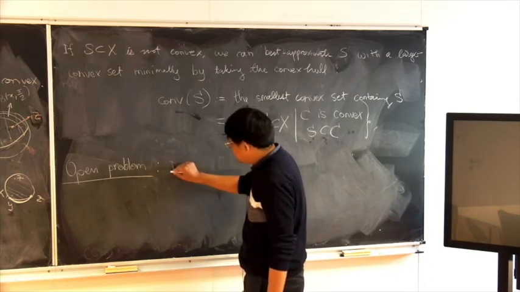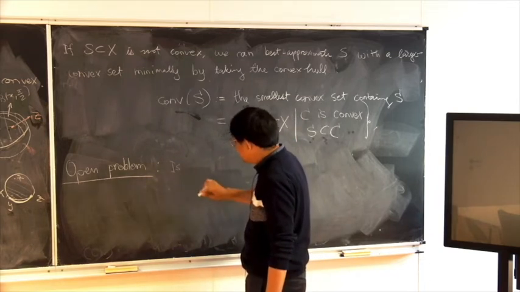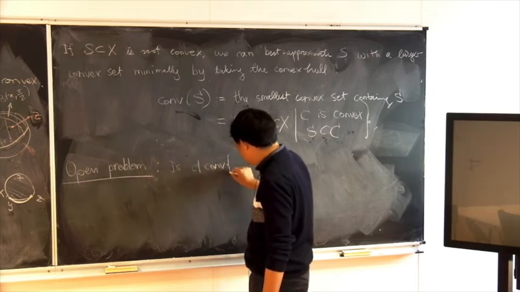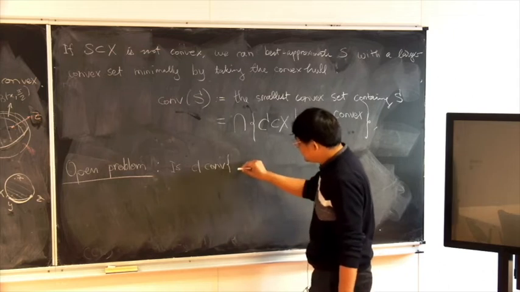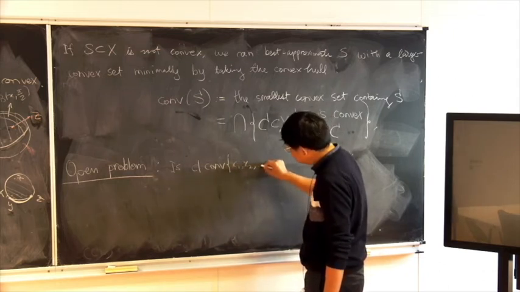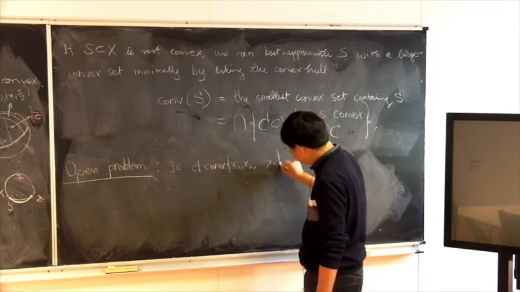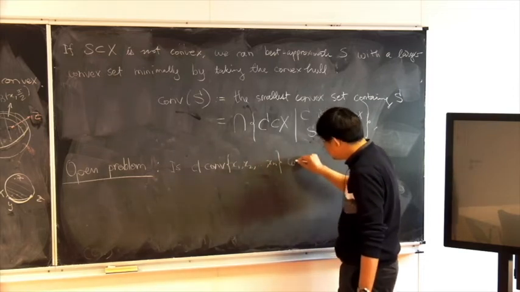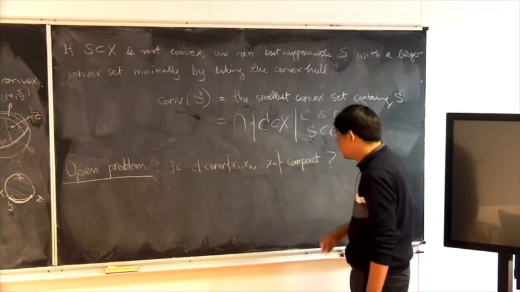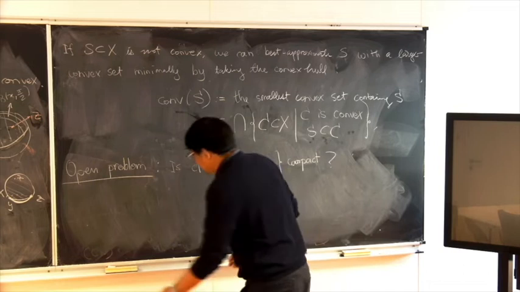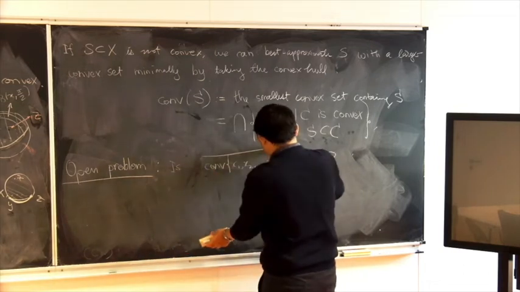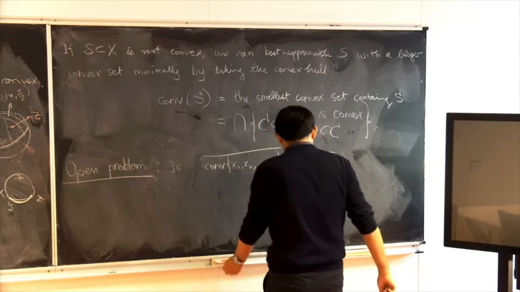So, is the closure of the convex hull of a finite set compact? It's very simple. If you don't like CL here, you can just take closure like this, okay?